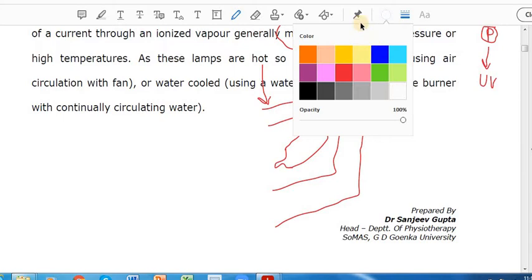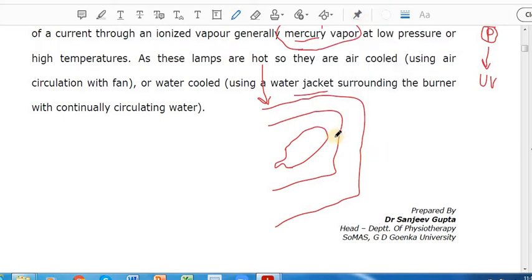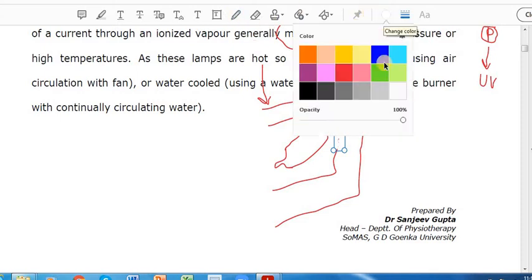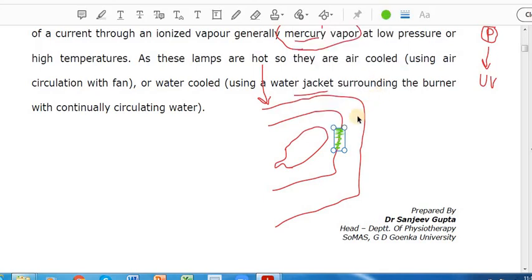Because finally the ultraviolet needs to come out, there will be a window here like this. There will be a special quartz glass here. The window is not open like this. The window is for ultraviolet, not for any substance to pass. So now you will have a special glass here.